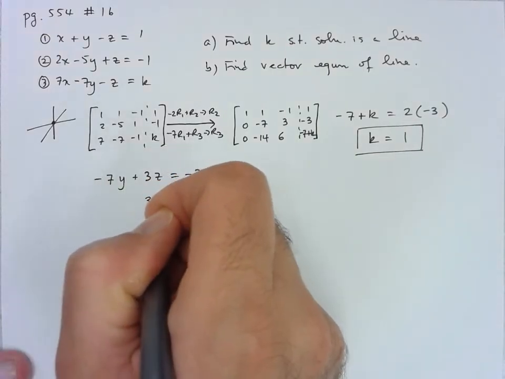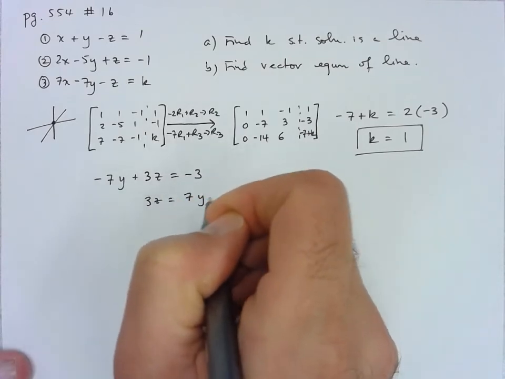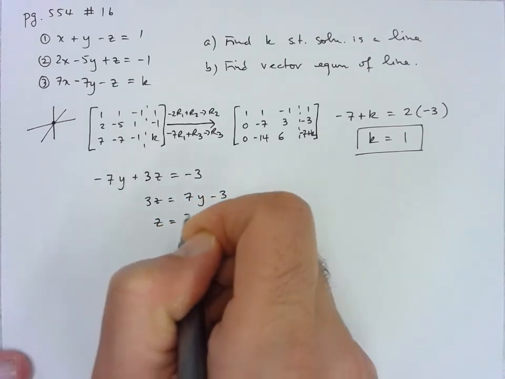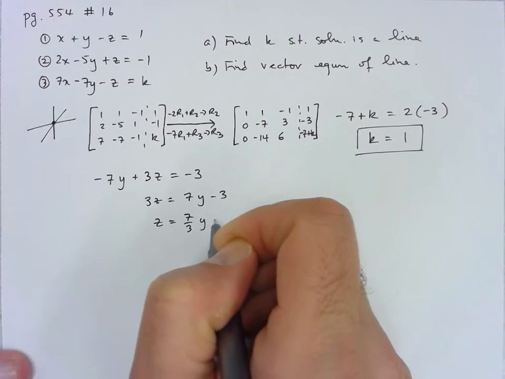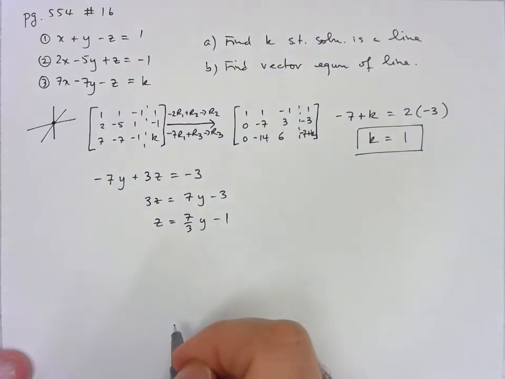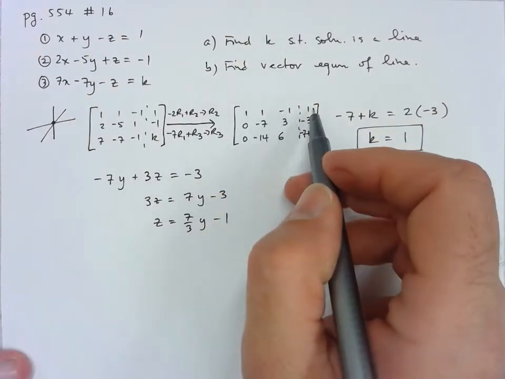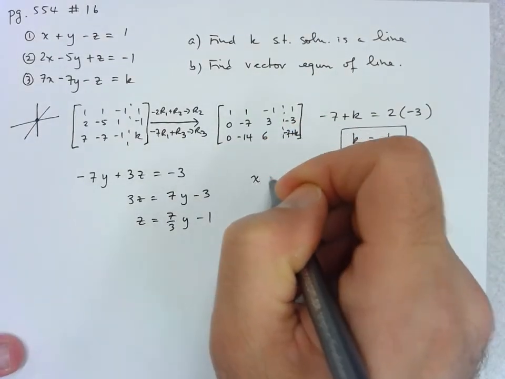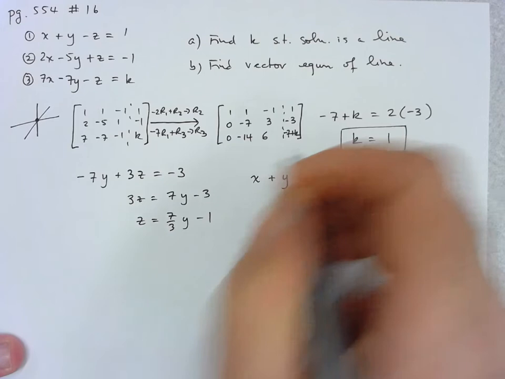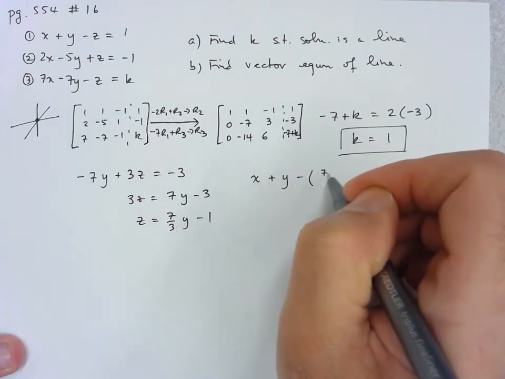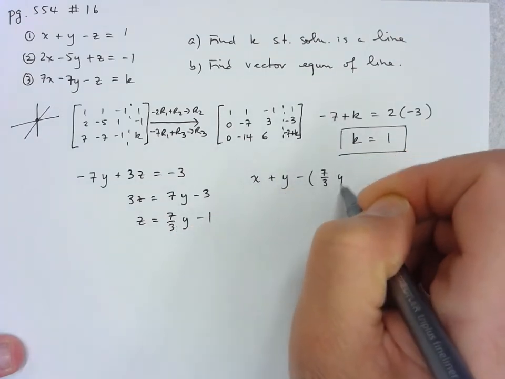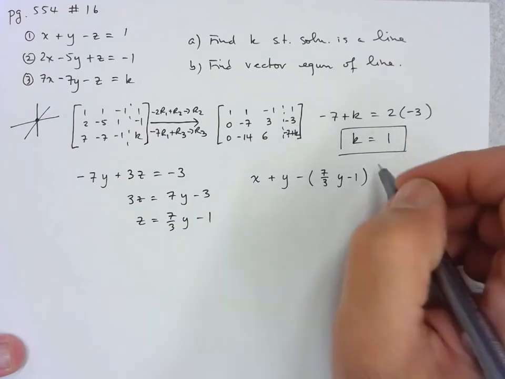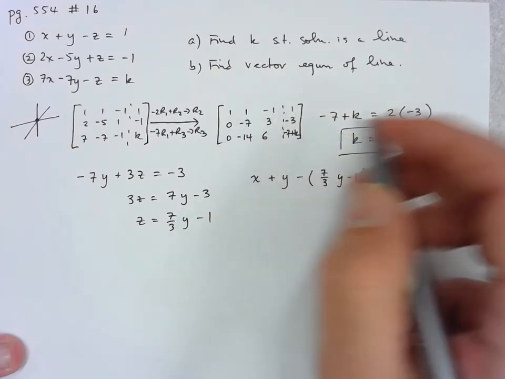So we have 3z is equal to 7y minus 3, so z is equal to 7/3 y minus 1. Now I take that other equation to write x in terms of y. Here we have x plus y minus z, but of course z we now know we wrote as 7/3 y minus 1, and then equal to 1.